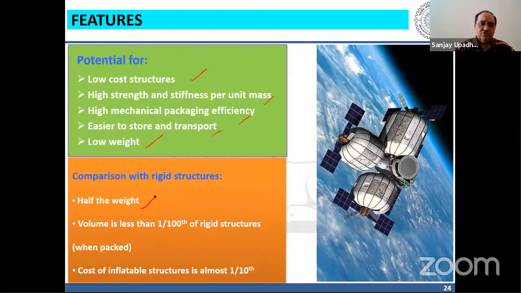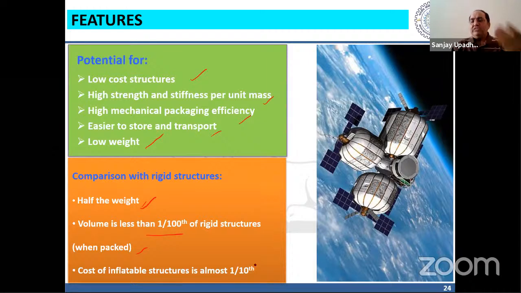Volume is less than 1/100 of the rigid structure when completely packed in the canister, which means there is almost nothing. And the cost of inflatable structures is almost 1/10 when you compare with rigid structures.